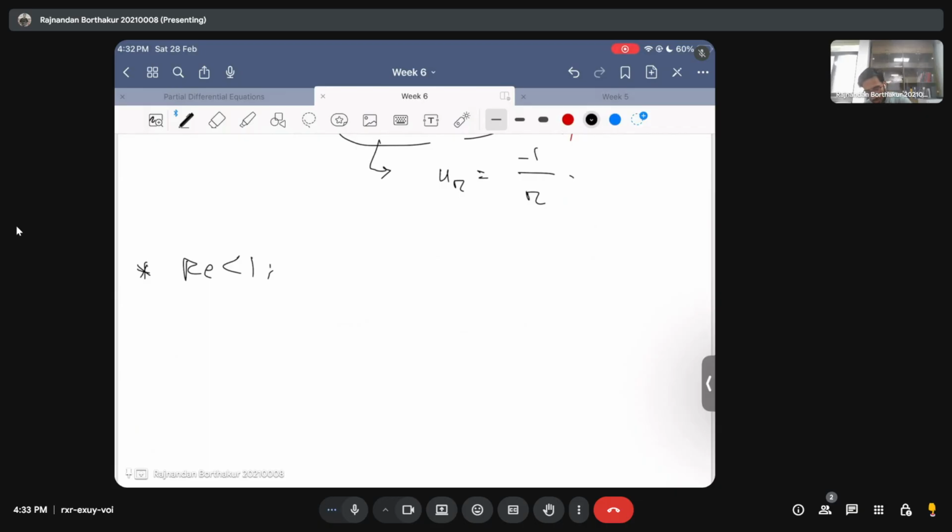Try to argue why Reynolds number greater than 1 is not a real problem, but an analytical one where you will struggle. It's not possible to find an analytical solution given this boundary condition when Reynolds number is greater than 1. So my question is, why is Reynolds number greater than 1 an analytical roadblock?